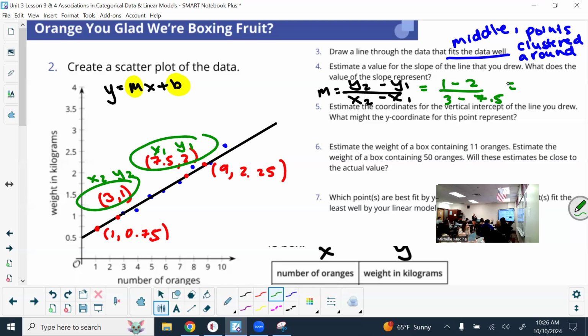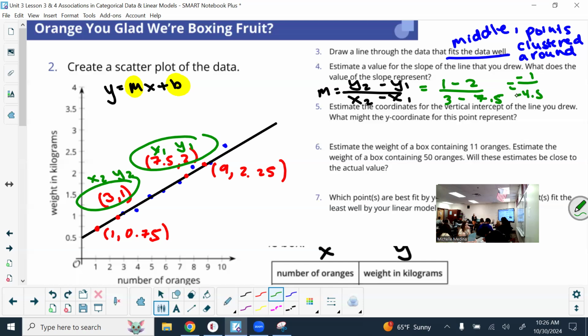So class, 1 minus 2. -1. What is 3 minus 7.5? -4.5.